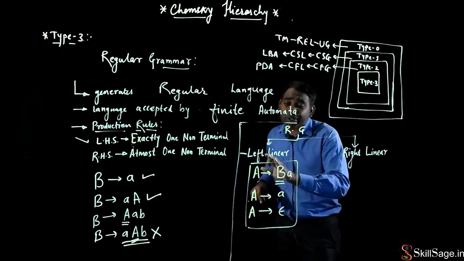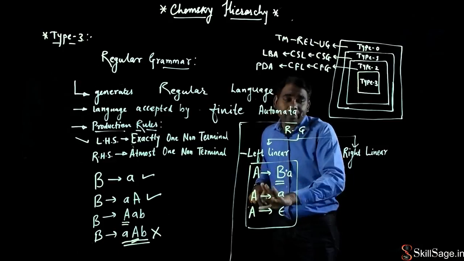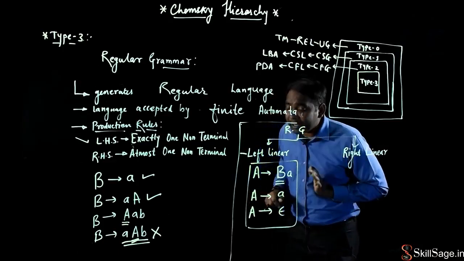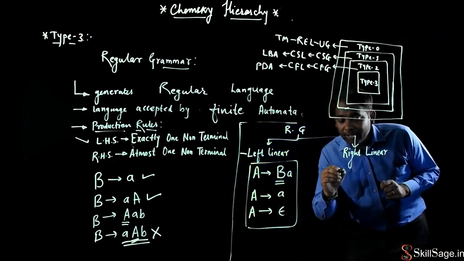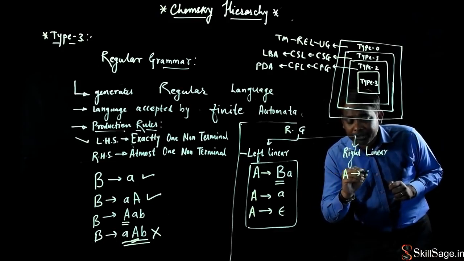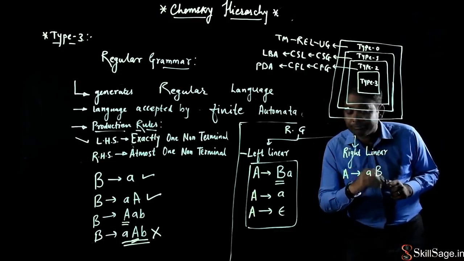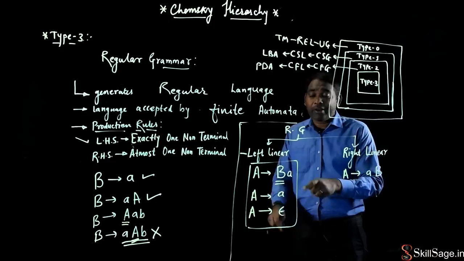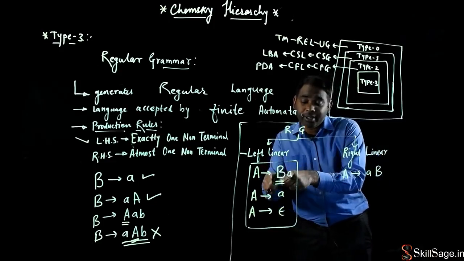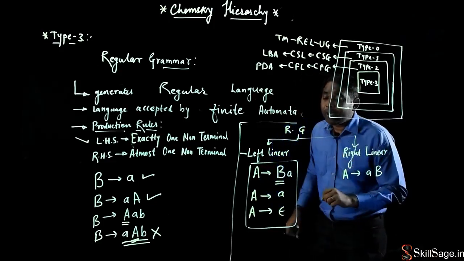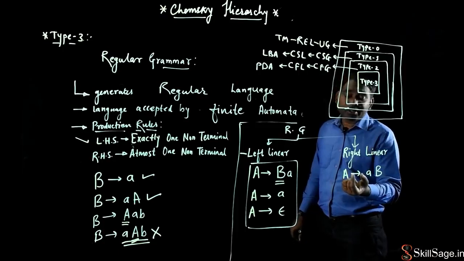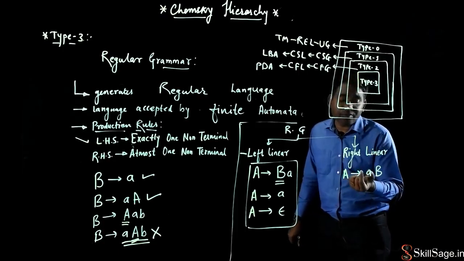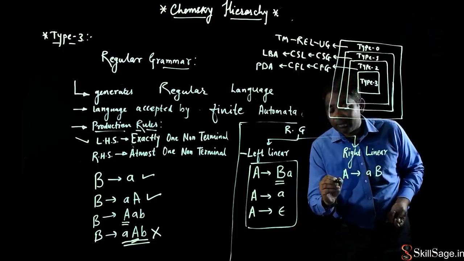Right. So what is the difference between a left linear regular grammar and a right linear regular grammar? Here you can say that if A produces small a and B, what is the difference? Here I have swapped the position of this B from here to here. So A derives small a B. Again, how many on the left hand side?